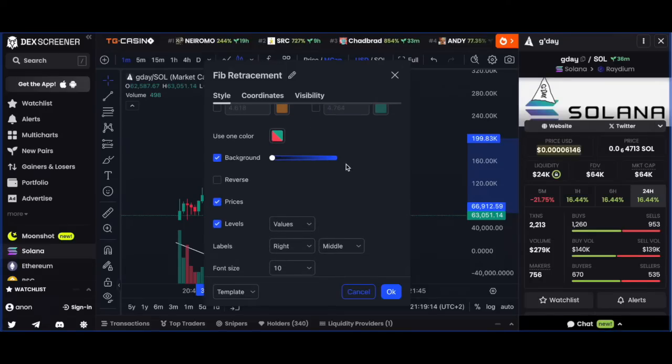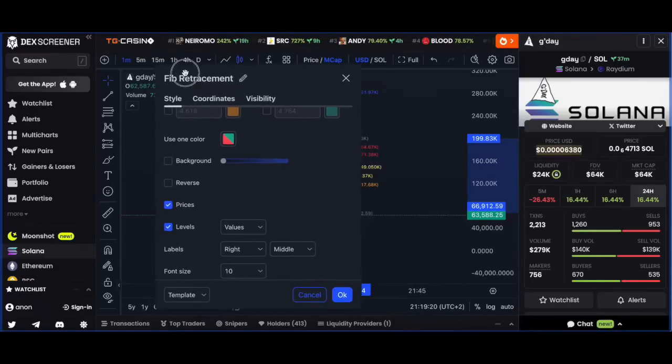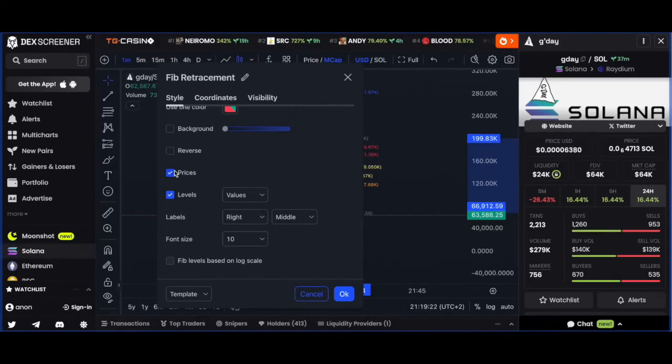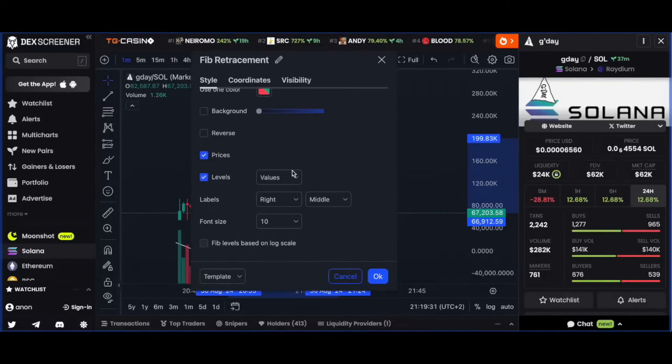If you scroll down a little bit further, I generally turn off the background, so that's why there's no color behind there as well. I do have prices because it helps with meme coins, because like you just saw before with Pepe Boost, I know what levels to set some buy orders. For levels, you want values over percentages. I like to have mine extended on the right.